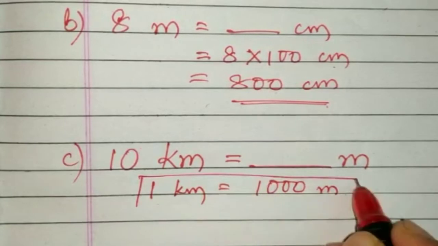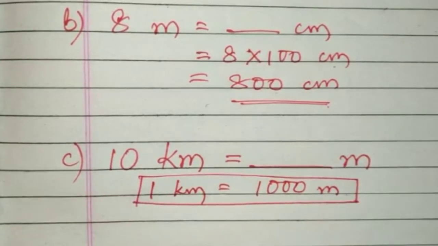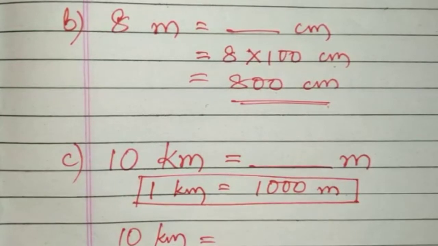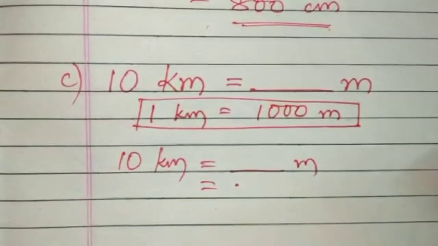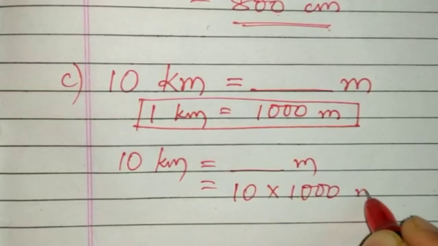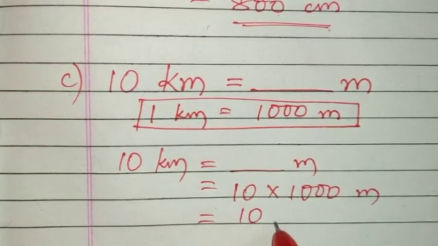So considering this, you will write 10 kilometer is equal to dash meter, that is equal to, you will write this way, 10 into 1000 meter, that is equal to 10 and 3 more zeros.